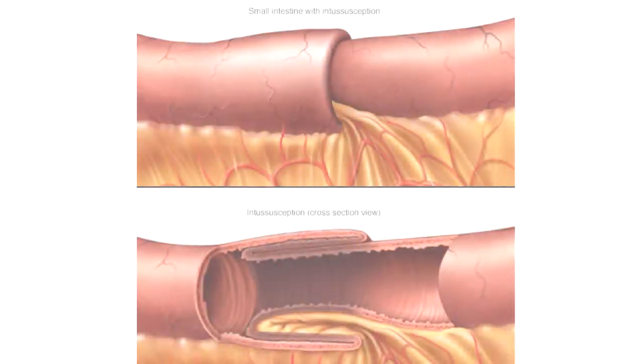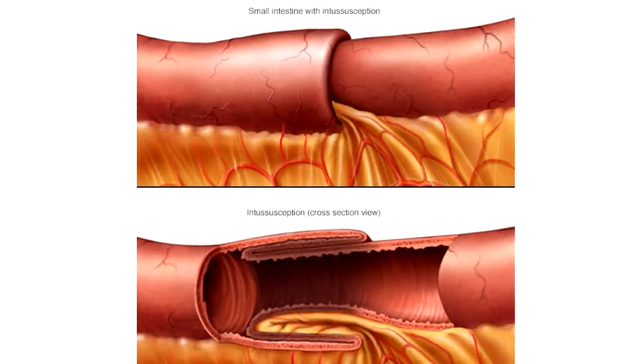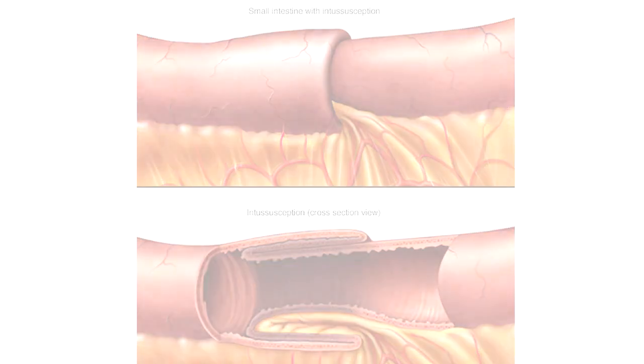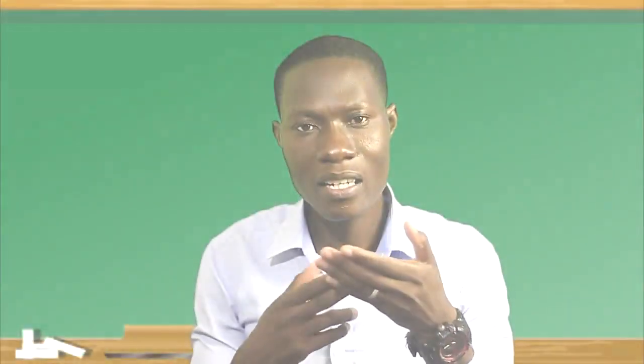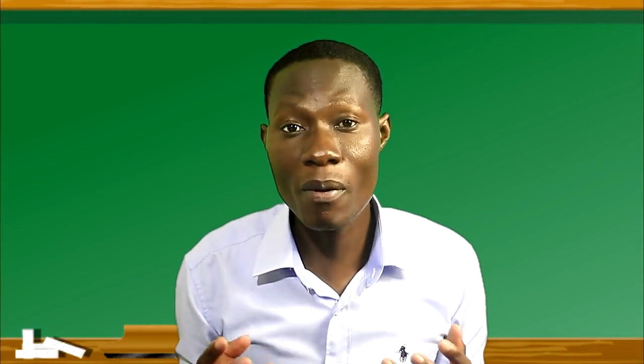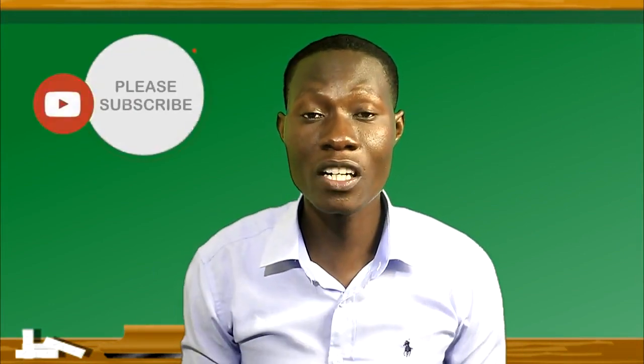Okay, so intussusception is the invagination of the intestine into itself, as you can see in the diagram that is showing. So when there is an intussusception, then there will be a problem in the flow of contents, and that would lead to mechanical obstruction because of that physical blockage that you can see.